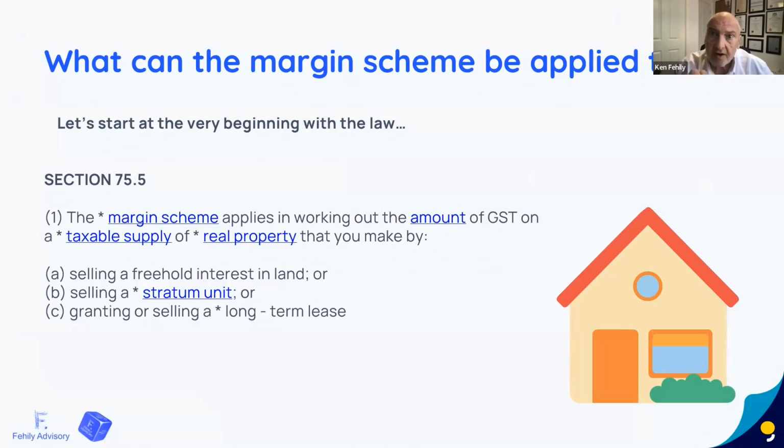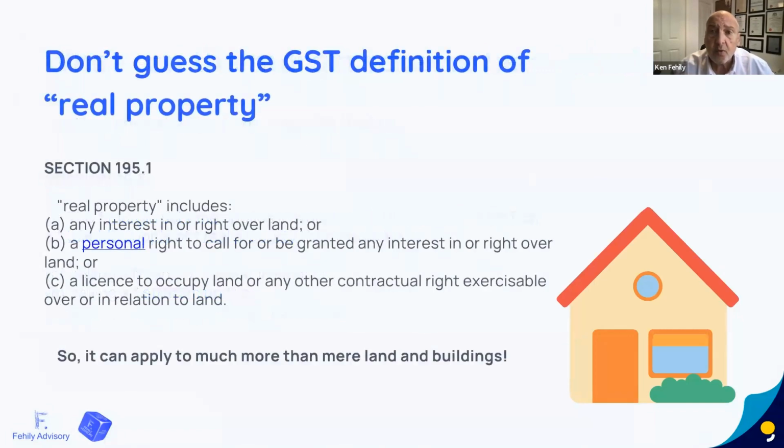Section 75.5 tells you exactly when you use the margin scheme. That's not enough. It's also in relation to real property. Do you know what real property means? It's defined. Real property is not just mere land and buildings. Real property is defined to include, and as you tax people know, when you use the word includes, that means it's expansive.